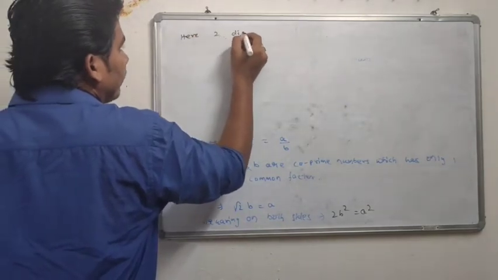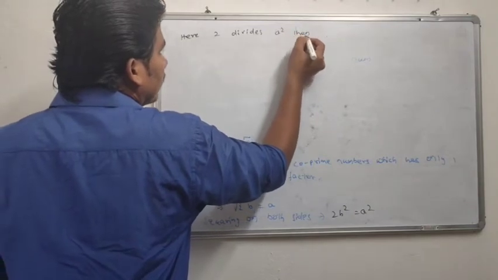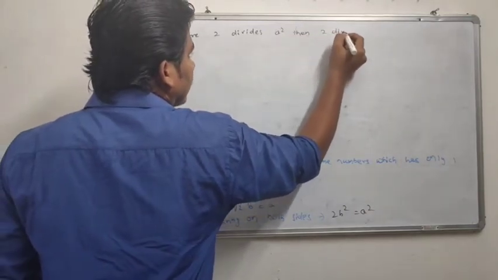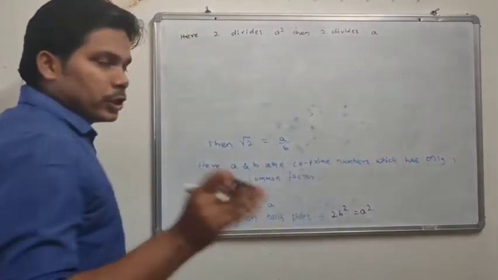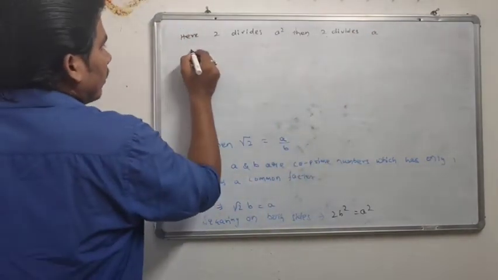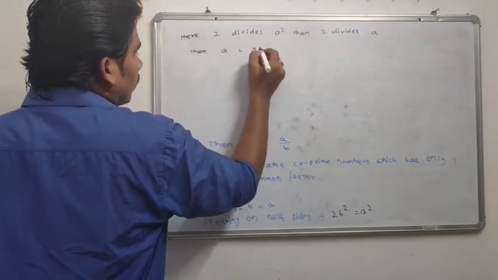2 divides a square, then 2 divides a, using the theorem we can say. Then I will write a equal to, let's take 2m.